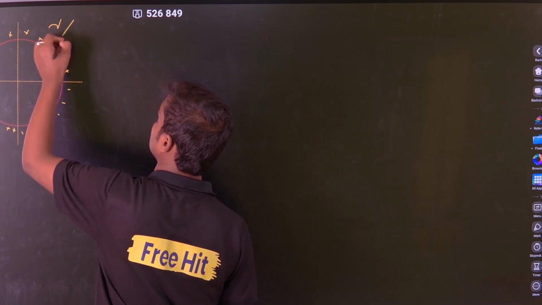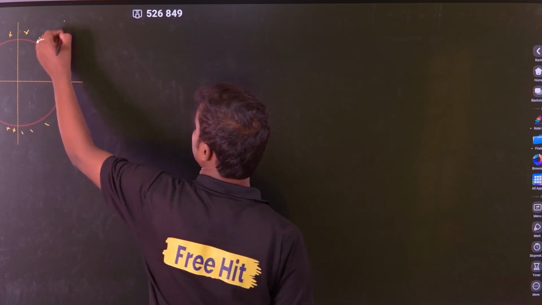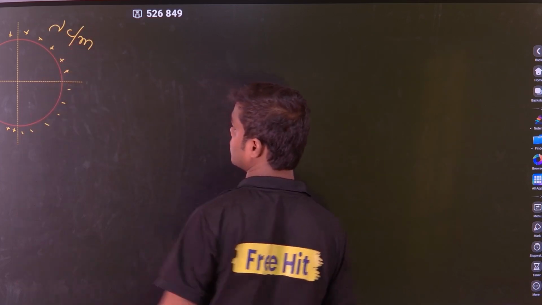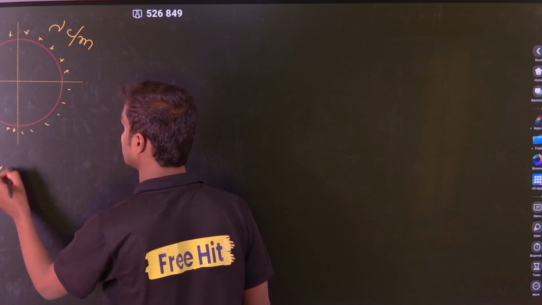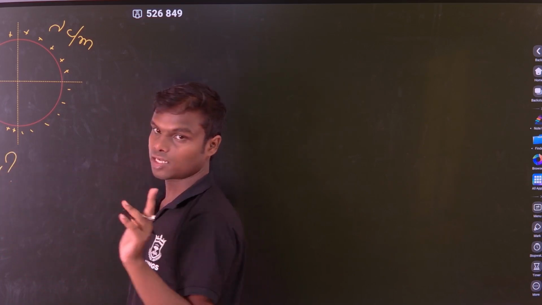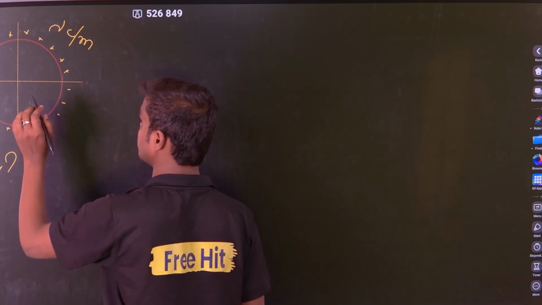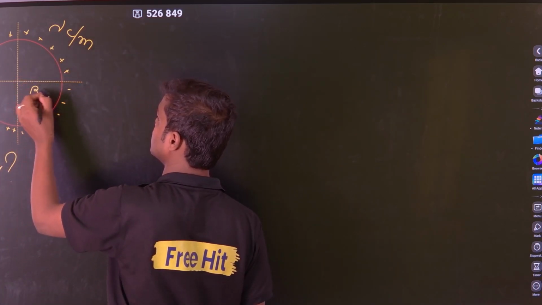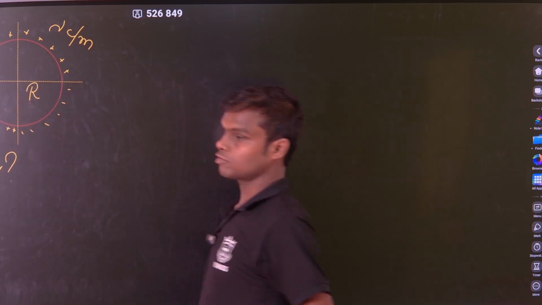And this is lambda coulomb per meter. Now you have to find E net, magnitude as well as direction, because it is a vector quantity. Always remember this. Radius is r. How to solve this?